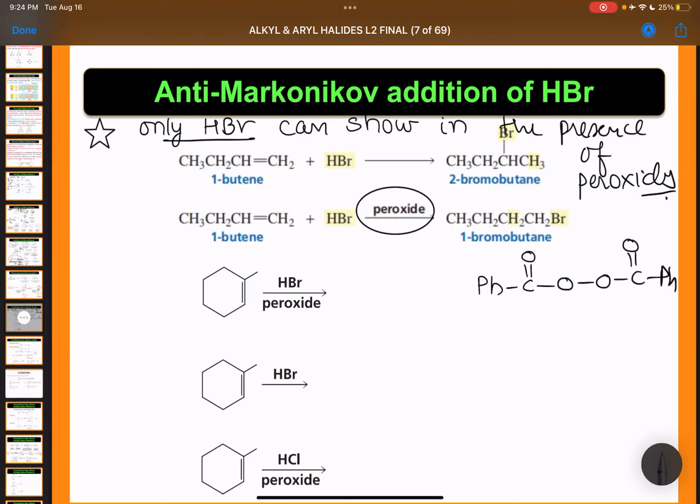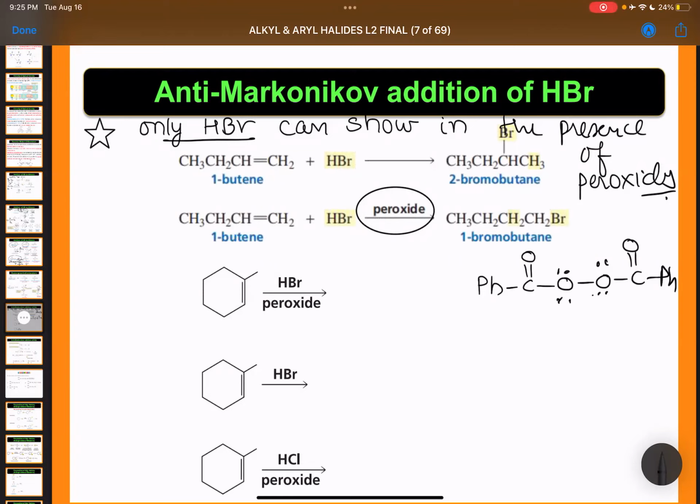Because these peroxides have an O-O bond, and oxygen has lone pairs, upon giving a slight amount of heat or light, it can break very easily and it can generate a radical. Okay, so this is a free radical. So peroxides can change the way of addition of HBr. Okay, is it clear? So anti-Markovnikov addition is shown by HBr only. HF, HCl, HI will not show anti-Markovnikov addition, meaning even if you take peroxide, they will add in the way in which they were adding without peroxide.